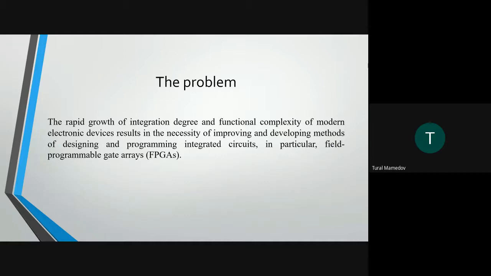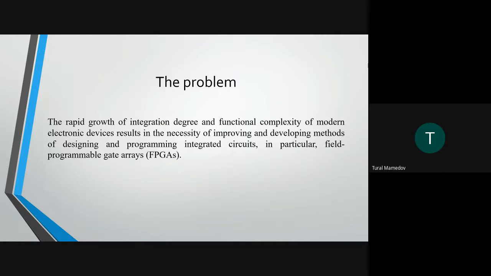FPGAs contain an array of programmable logic blocks and a hierarchy of reconfigurable interconnects that allow the blocks to be wired together, like many logic gates that can be wired in different configurations.